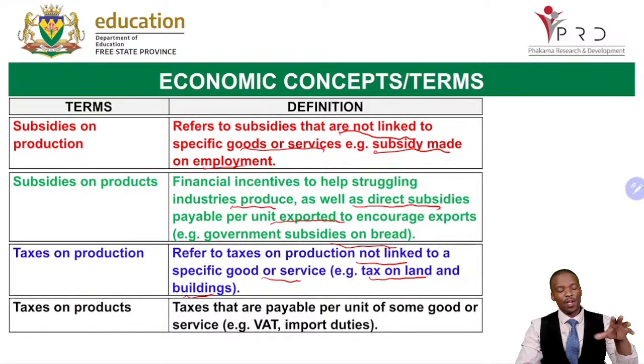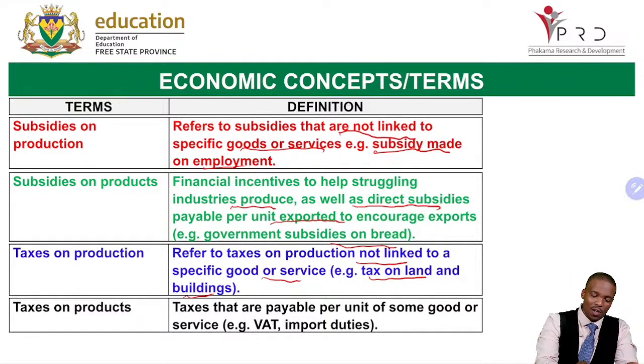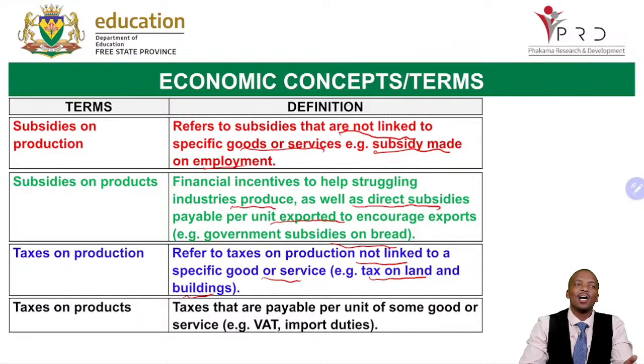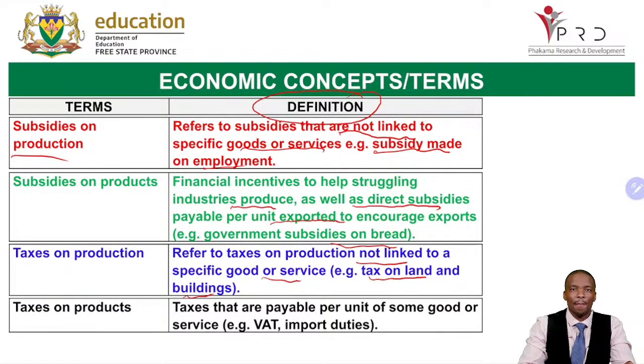So for 2 marks, you may be required to briefly describe any of these concepts, or we can give you the definition or the concept, and we want you to provide the terminology on the other side. Okay? Or we may say, briefly distinguish between taxes on production and taxes on products.